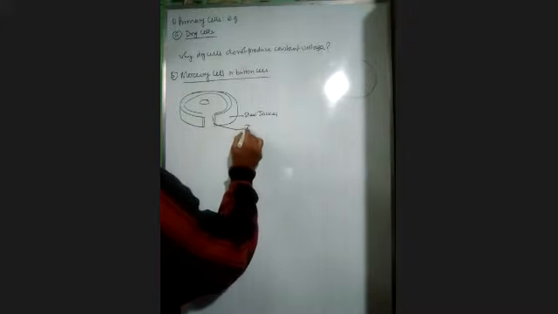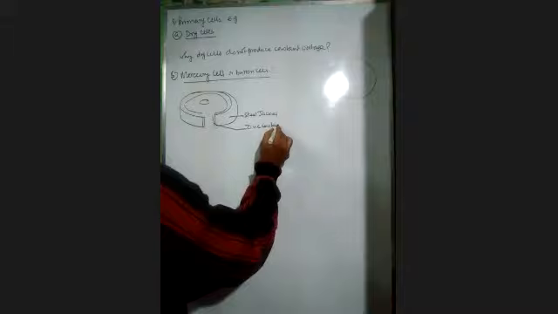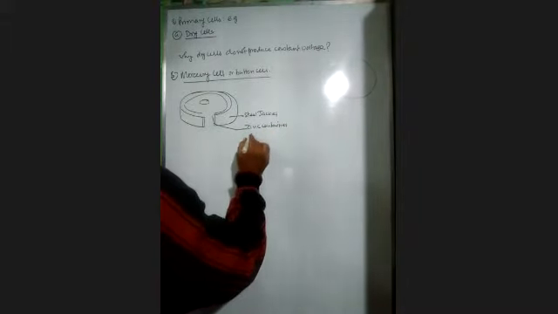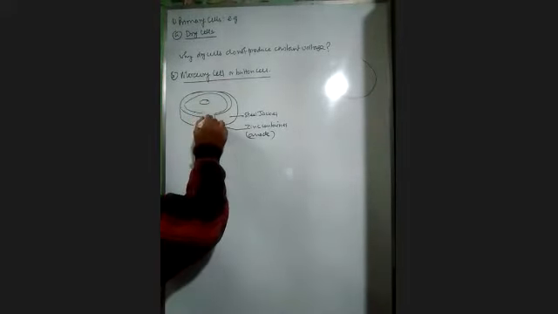And this is the zinc container. Here, unlike the dry cell, we do not have any graphite rod. Here it will be filled with paste.